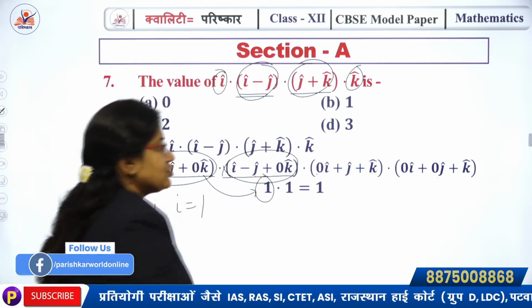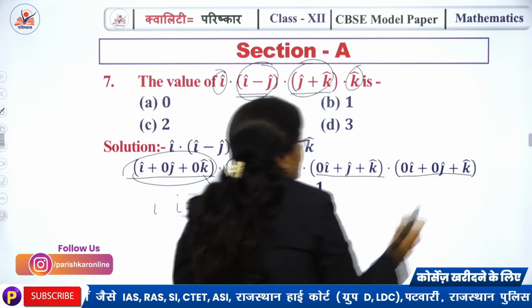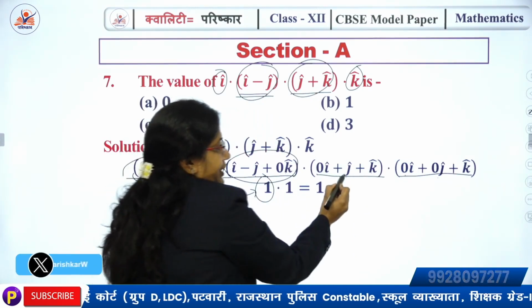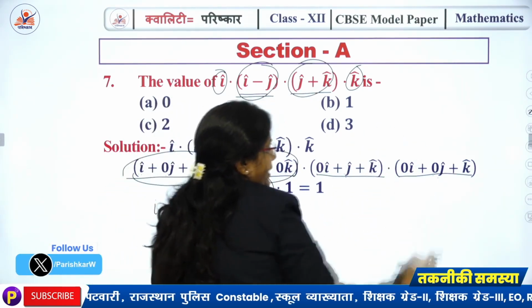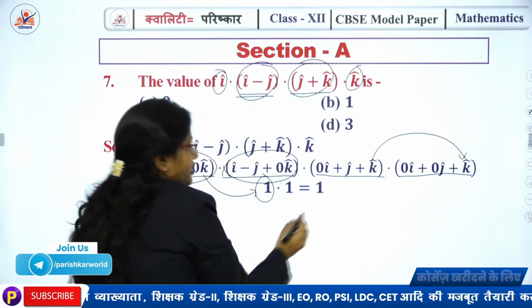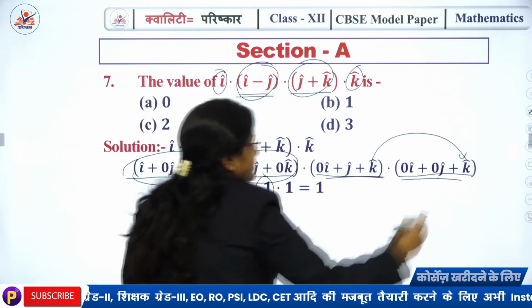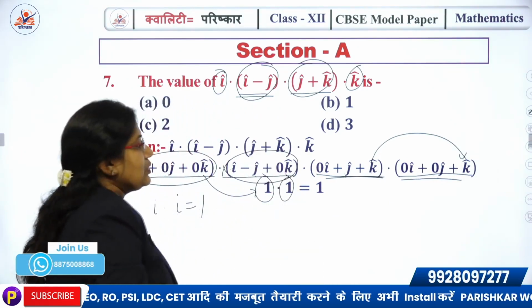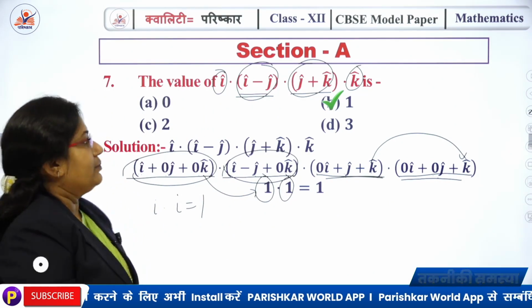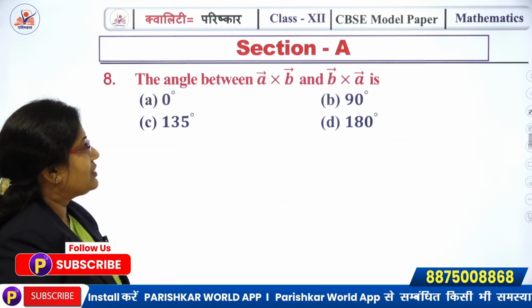Again, the next two vectors: 0 i cap dot 0 i cap is 0, j cap dot j cap is again 0, and k cap dot k cap is 1. It means the product of these two vectors is 1. And you know 1 dot 1 is equal to 1. That means the right option is option B, 1. Let's come to the next question.